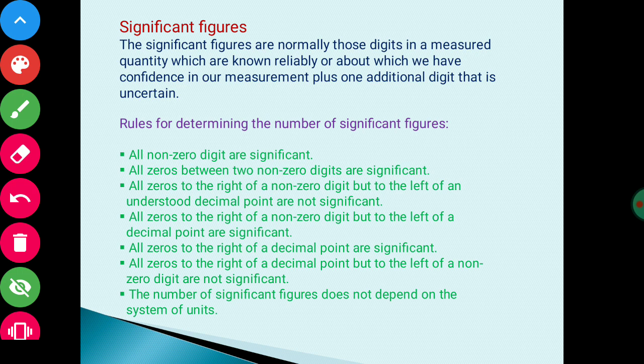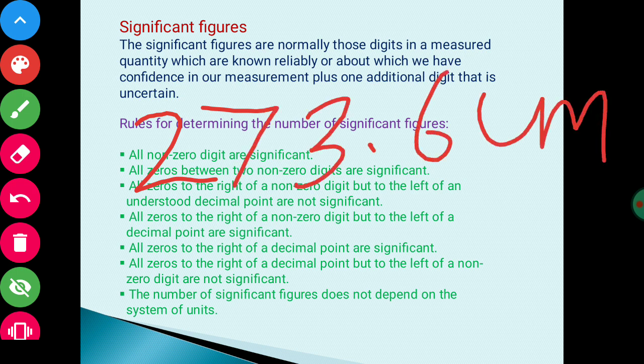One more example. Suppose the length of an object measured by you is 273.6 centimeter. So here there are four significant figures, 2, 7, 3 and 6, where 2, 7, 3 are the reliable and certain digits, while 6 is the uncertain digit.